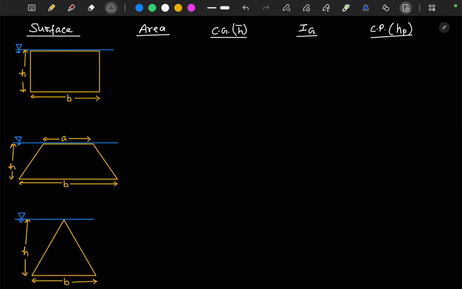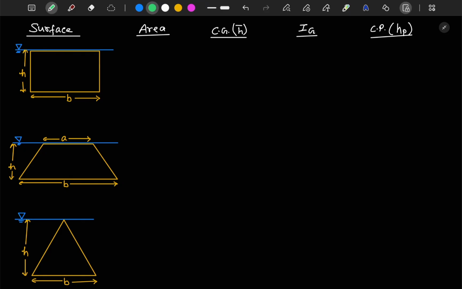Now before moving to the next topic, let's talk about different surfaces and their area, center of gravity, moment of inertia about the center of gravity, and Hp, the center of pressure height from the free surface.